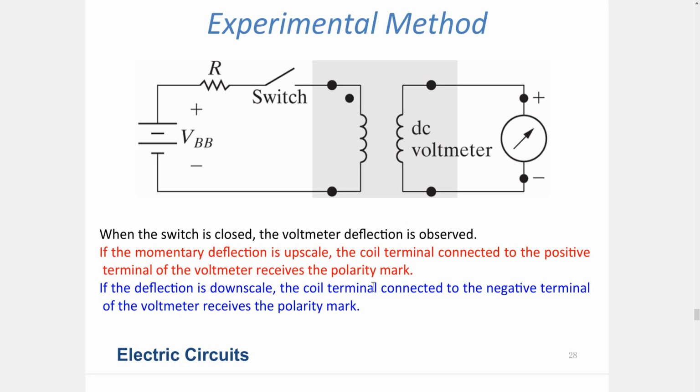Otherwise, if the deflection is downscale, that is, if you measure some negative voltage on the other side, then the coil terminal is connected to the negative terminal of the voltmeter, and it will not receive the polarity mark accordingly. This is how you can use the experimental method to identify the dot points and their relationships by measurement.